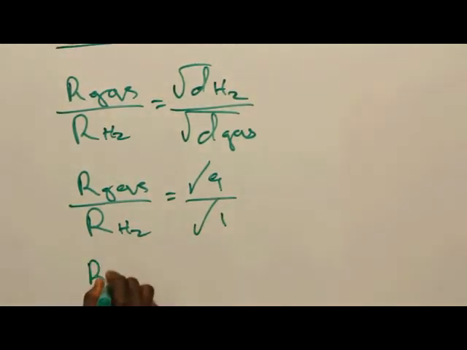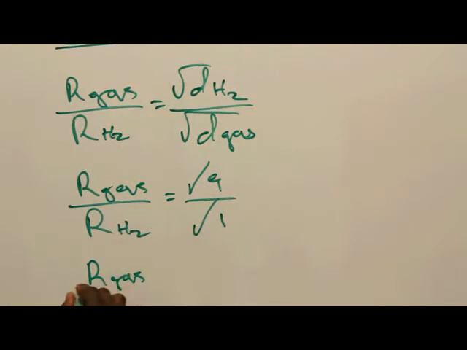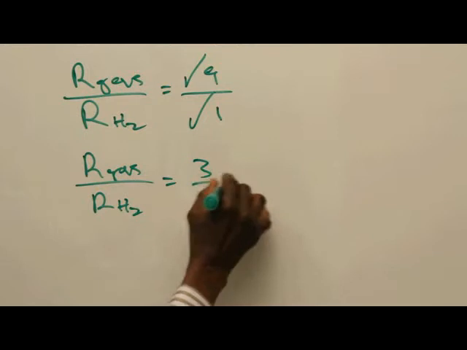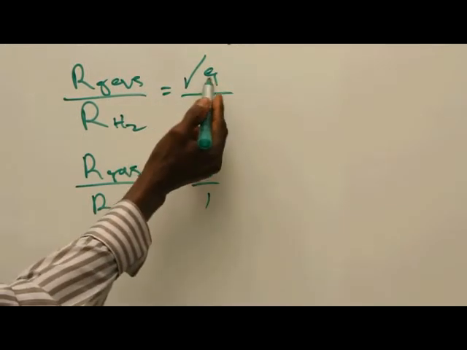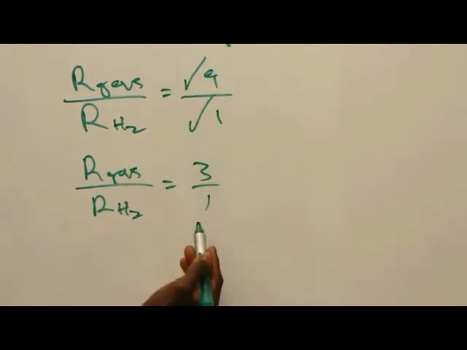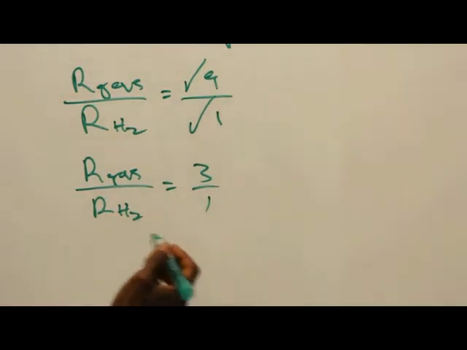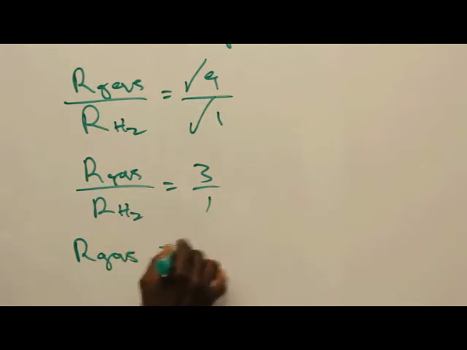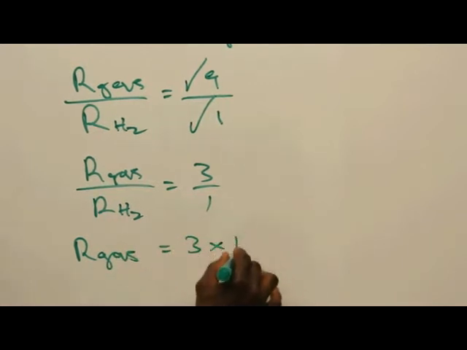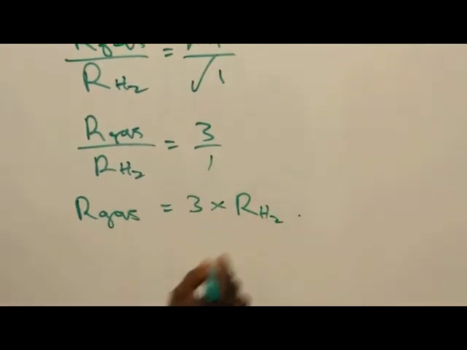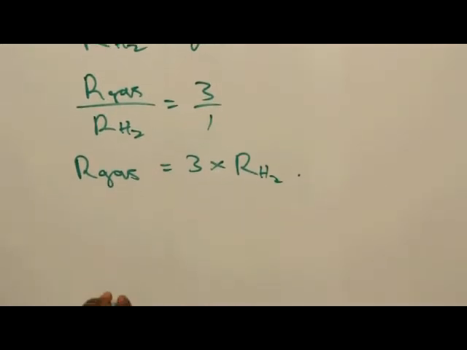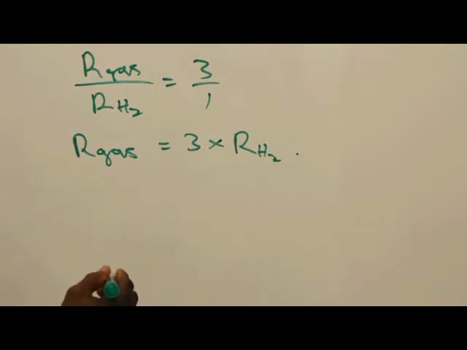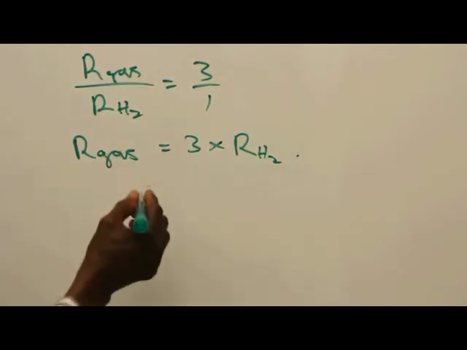And so it is equal to 3 over 1, for the square root of 9 is 3, while the square root of 1 is just 1. So if we cross multiply, the rate of diffusion of the gas is 3 times the rate of diffusion of hydrogen. And so it will be seen very clearly that hydrogen will diffuse faster than gas A by a factor of 3.